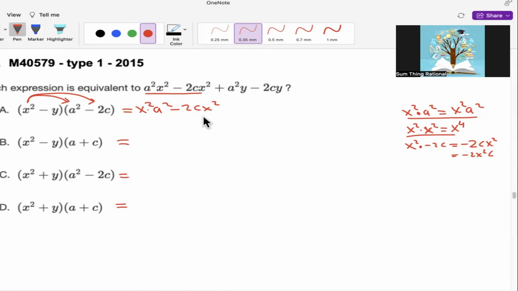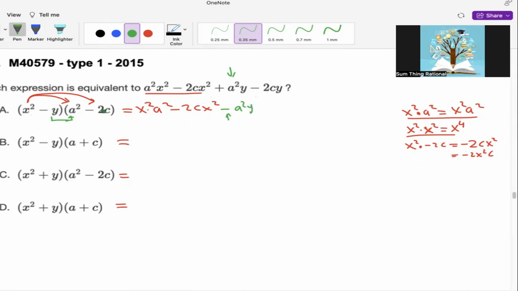Good, means they look alike, but I need to see the other terms as well. So I'm done with x squared. Now let's multiply with negative y and a squared. So negative y and a squared is negative a squared y, or you can write negative y a squared. When I see here, one of them is positive in the answer, but one of them is negative here. So I start thinking that this is not the correct answer.